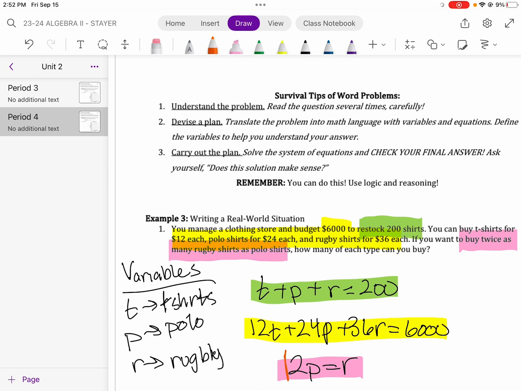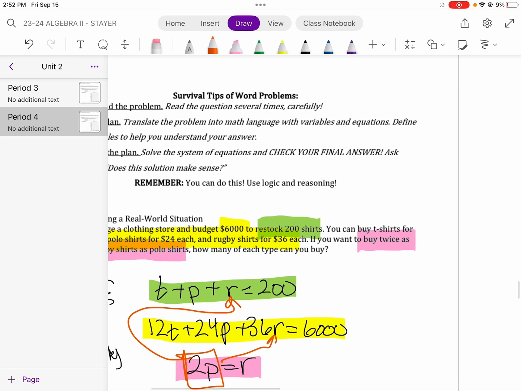Students, I could take this and plug it into R to say it's T plus P plus 2P, right? Because we said we're substituting, equals 200.